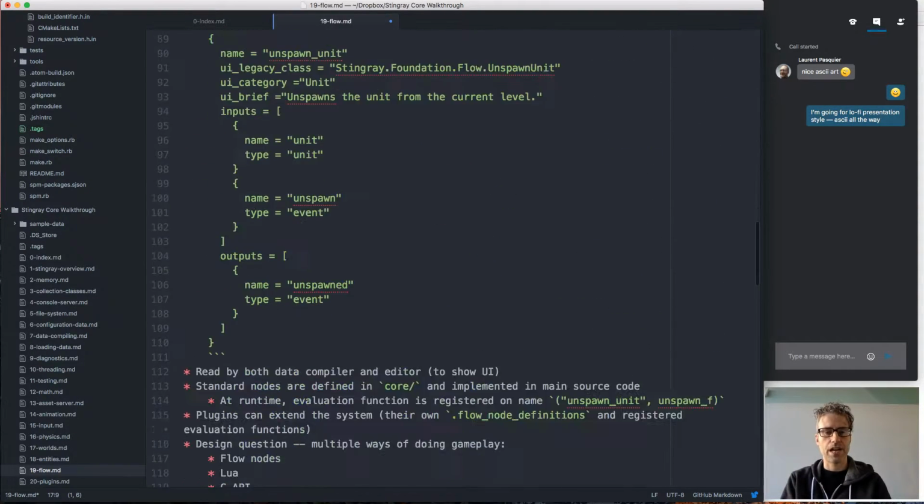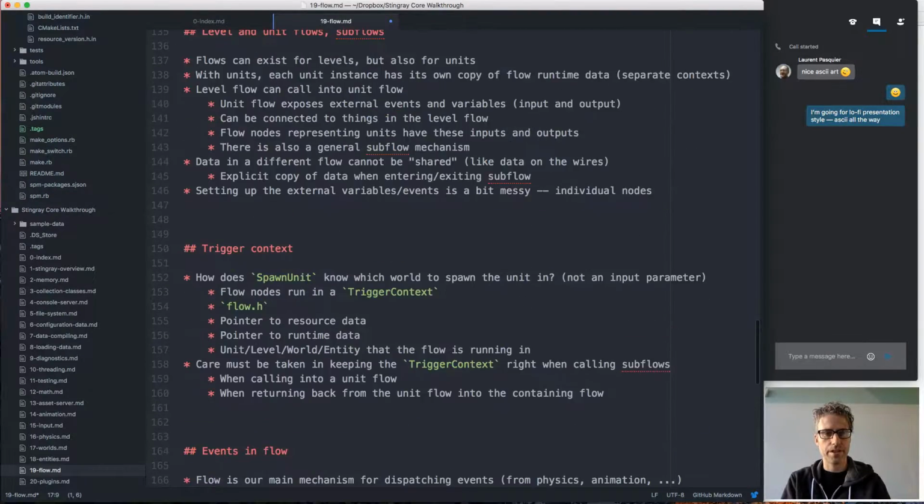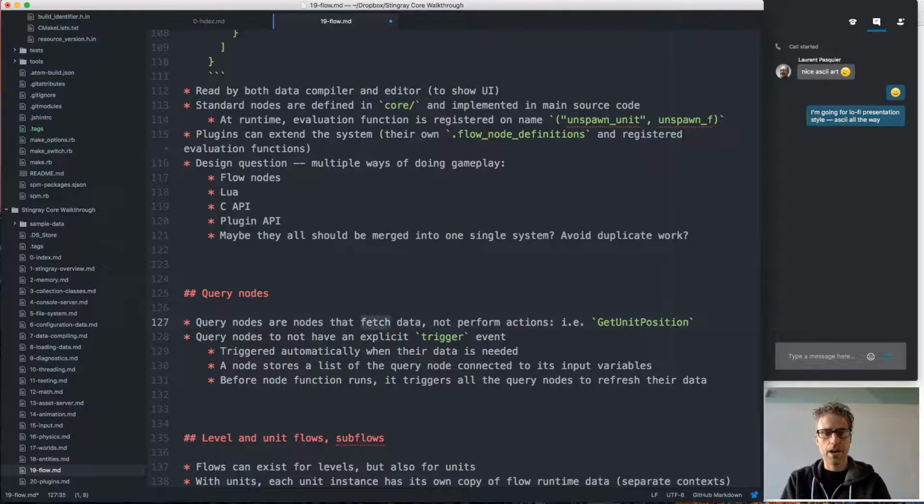And there are other nodes that do similar things. For example, a node for getting the position of a unit. You don't have to trigger that node to actually fetch the position, because that would be kind of annoying if you had to trigger all these nodes.